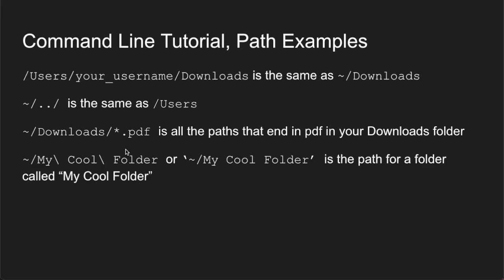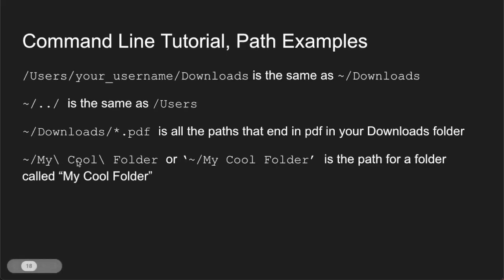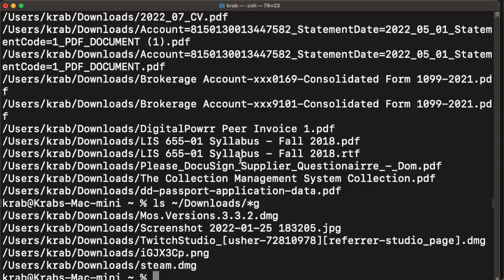And then if you want to refer to a file with a space in it, you have to either escape those spaces with a / in the other direction, or you have to wrap it in quotes. So in this case, we have the collection management system collection PDF here.